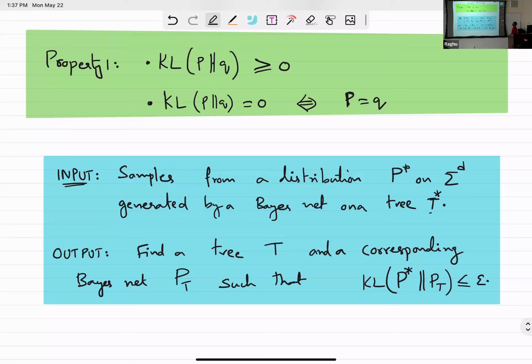Find me some other Bayes net, which also is a tree. We know that the true distribution is a tree, so hopefully what you learn will also be a tree. Find me something like this so that what I learn, P_T, is close to P star within some error epsilon. Okay. Make sense?